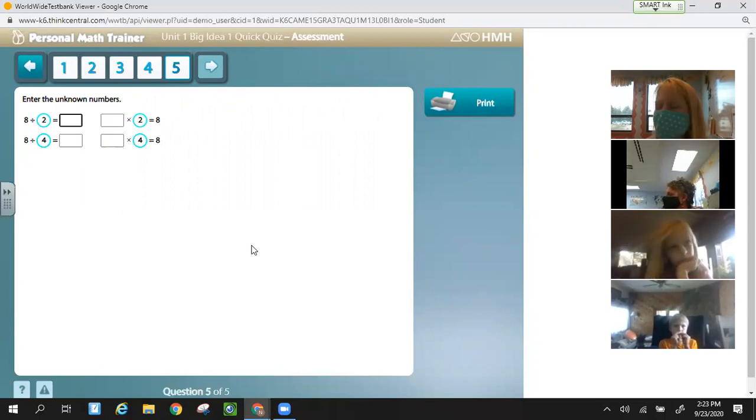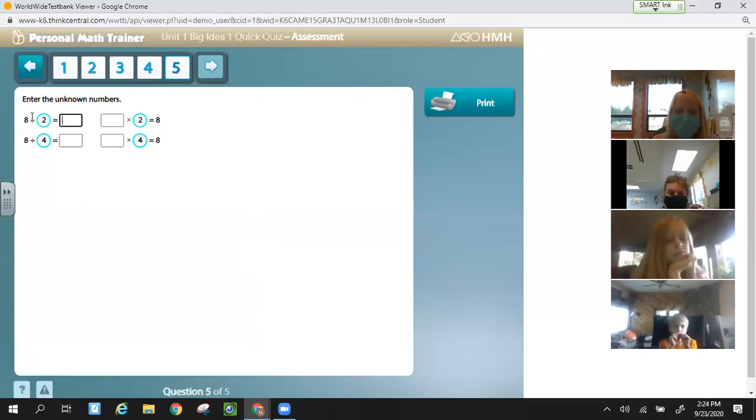I think that some of us didn't realize, Charlie Carr, this is called a fact family. Do you remember, Charlie, when we moved our numbers around? The kids in class had the posters. You guys had the smart board and we moved all the numbers. This is a fact family. Guess what the numbers are? 8, 2, and 4.